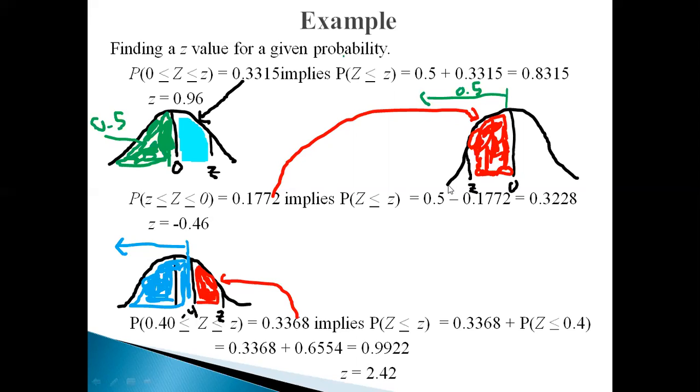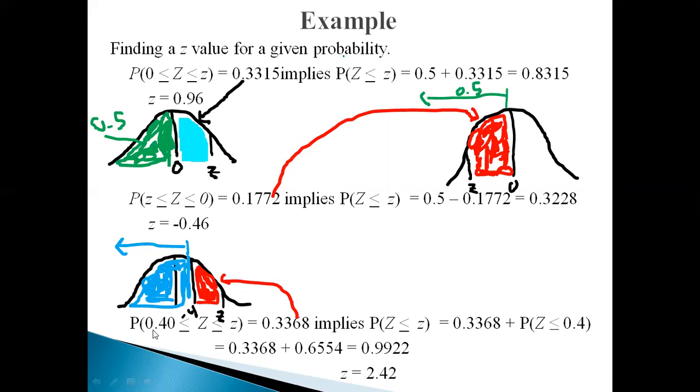So to get what is over here that's less than or equal to z, we have to take that whole thing, 0.5 minus the 0.1772, which gives us 0.3228. And once we find that value in the table, which is negative 0.46, that's what the area under here is, 0.3228 for the z of negative 0.46.